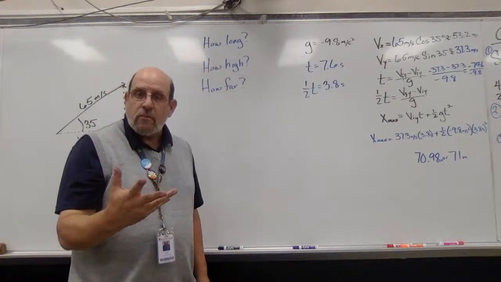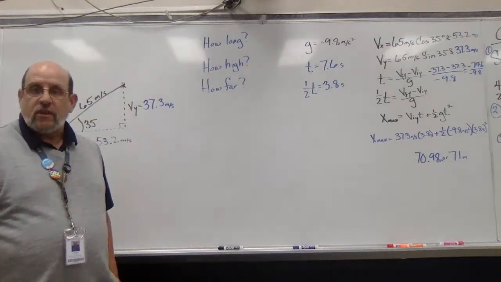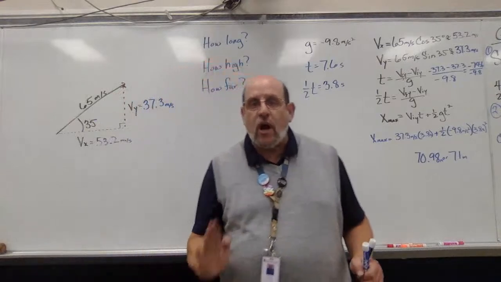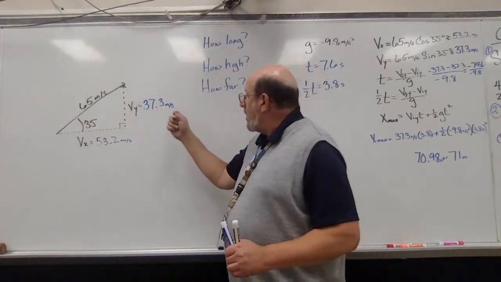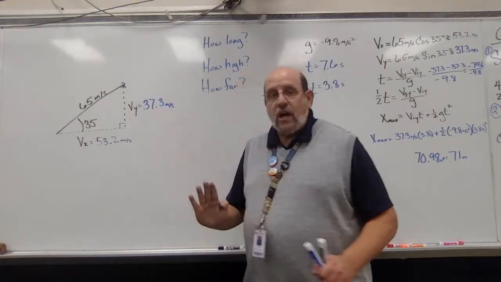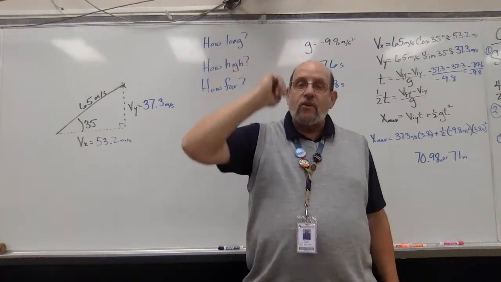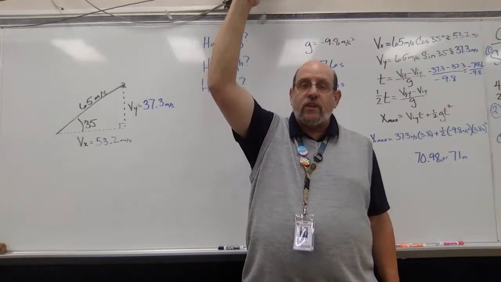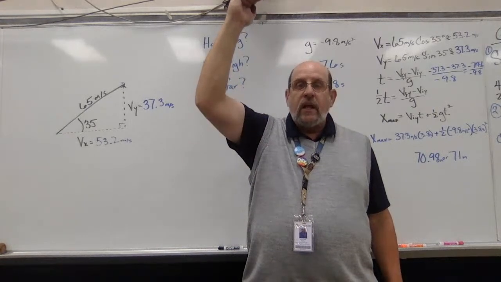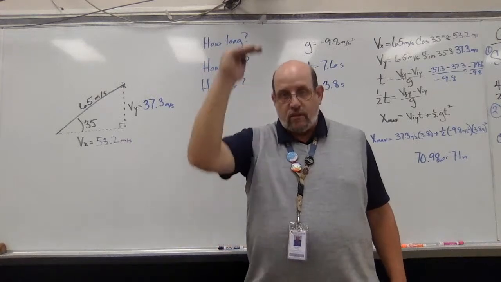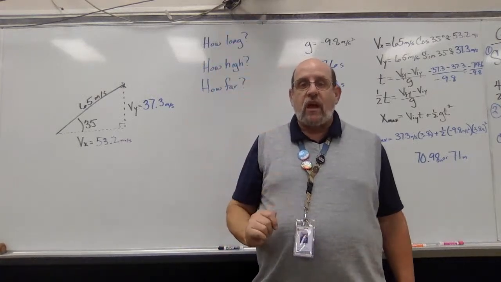So we're going to talk about the vertical velocities. Now, when an object goes up in the air, we figured its initial vertical velocity is 37 3/10 meters a second. It goes to the top, it slows down vertically, it stops, and then starts to come down and accelerates downward.